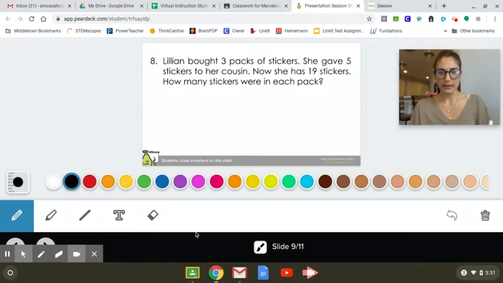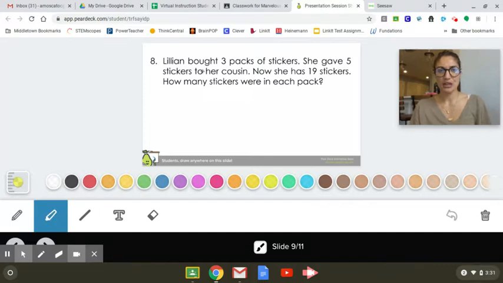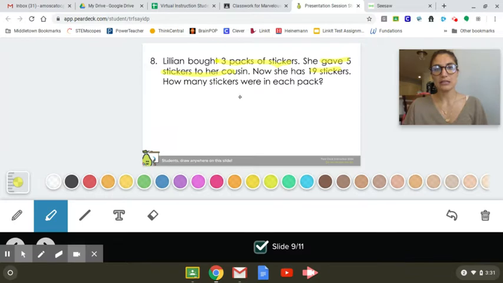Let's read this problem again and underline and highlight the important information. Lillian bought 3 packs of stickers. She gave 5 stickers to her cousin. Now she has 19. How many stickers were in each pack?